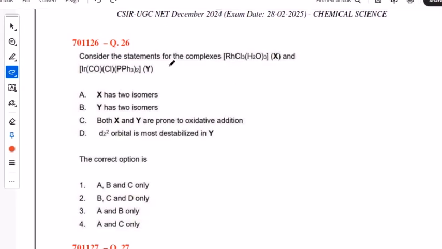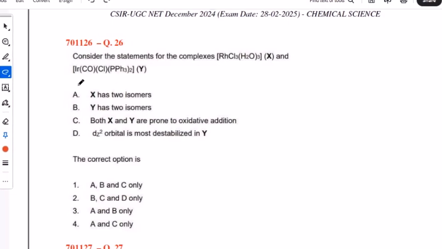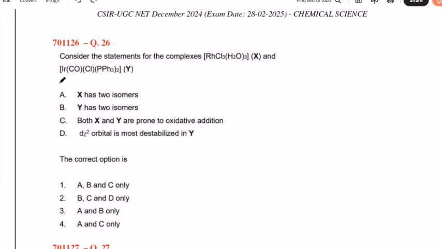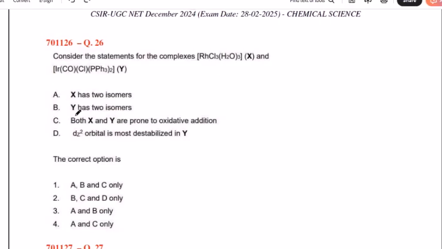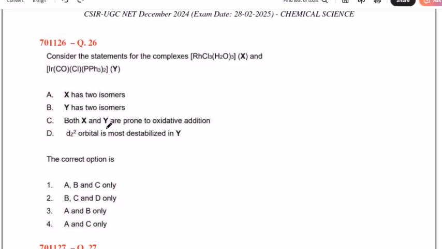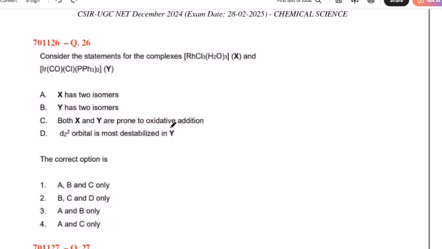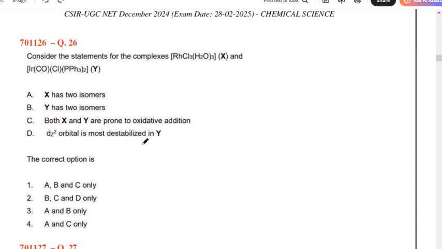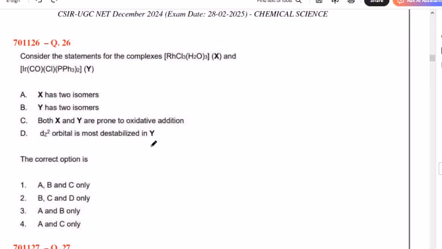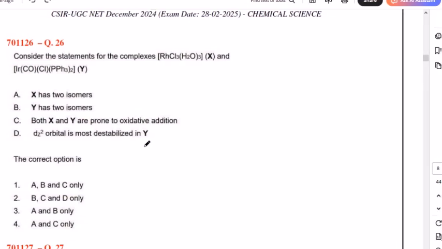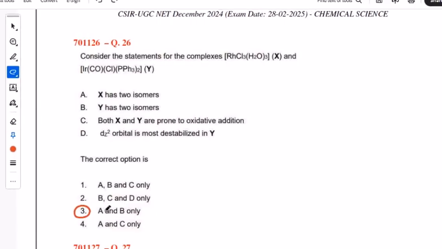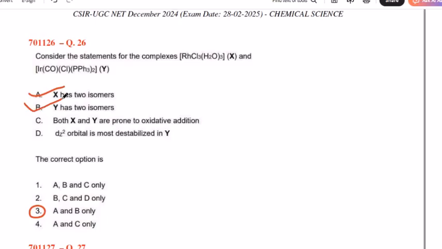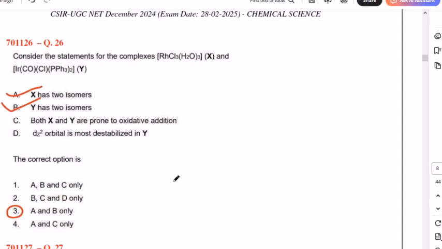Consider the statements for the complexes rhodium X and iridium Y. Statements: A, X has 2 isomers; B, Y has 2 isomers; both X and Y are prone to oxidative addition; the dz square orbital is most destabilized in Y. The correct option is option number 3, A and B, that is X has 2 isomers and Y has 2 isomers. A and B are correct statements.